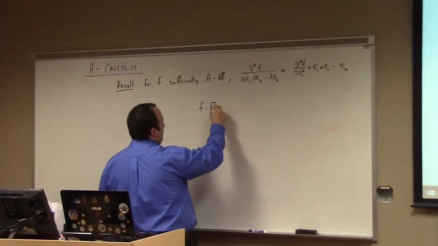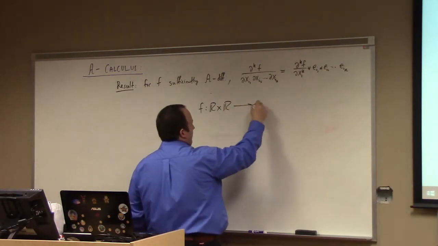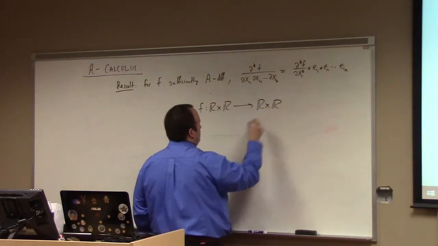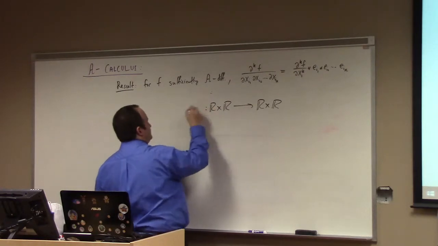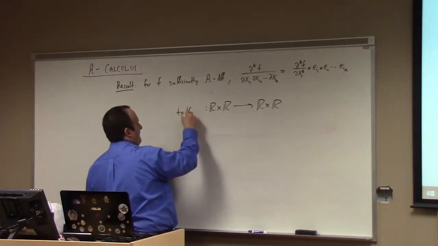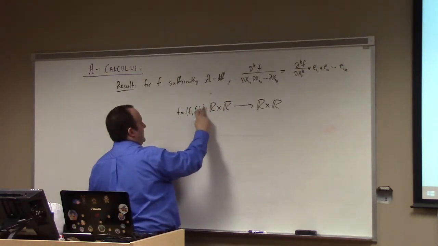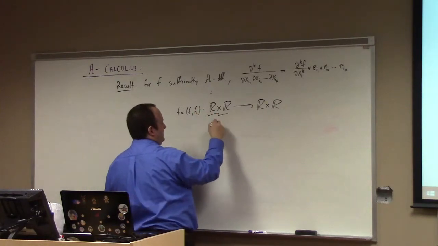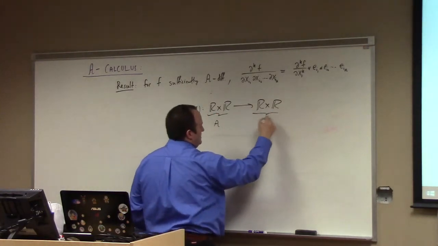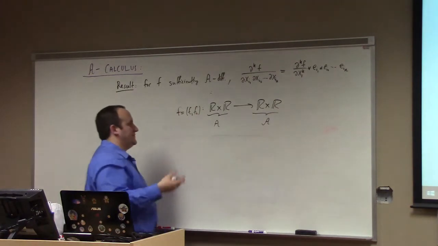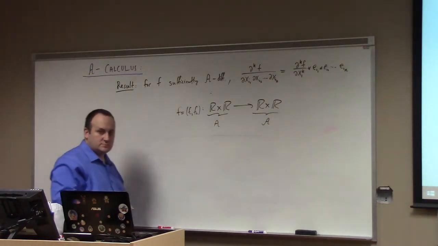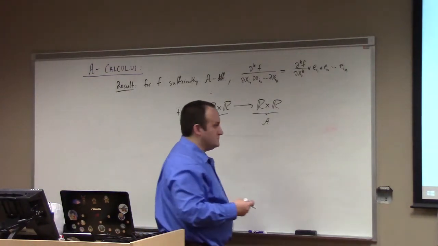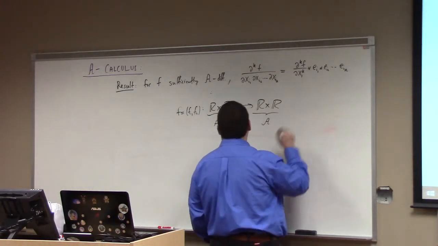Suppose we have f from R cross R. So here we'd say, this is my A, so to speak. What does A differentiability here look like?